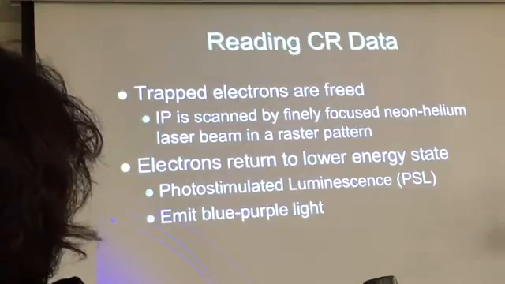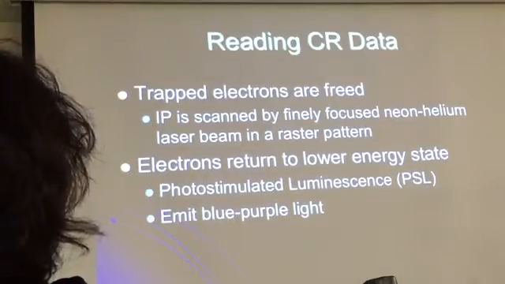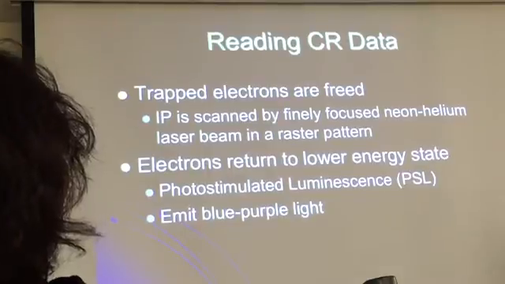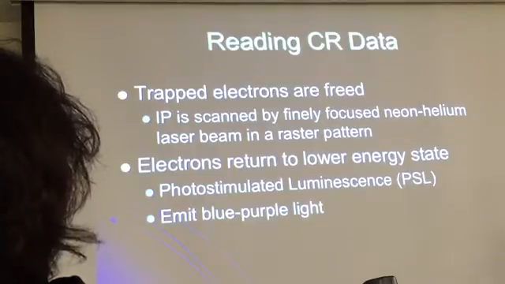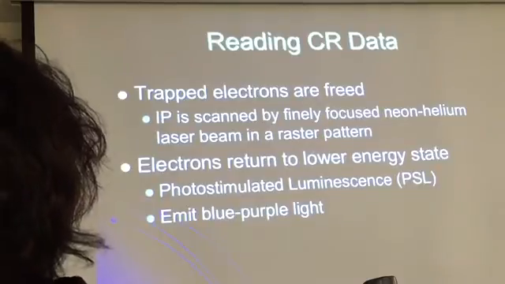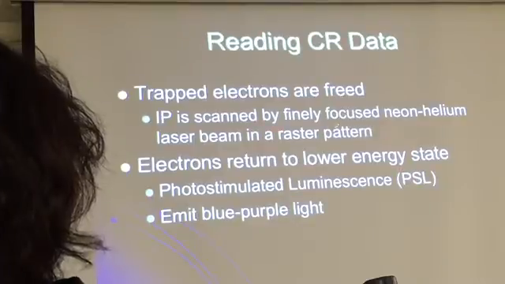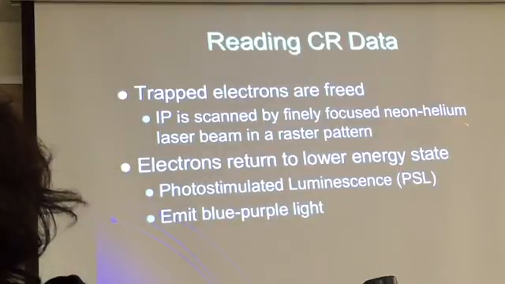If you have one electron jumping back, are you going to see that light? It's just one light photon. You're not going to see it. So you need all of them. The idea is to have all of them, or the majority, jumping at the same time. So the imaging plate is scanned by a finely focused helium-neon laser beam.